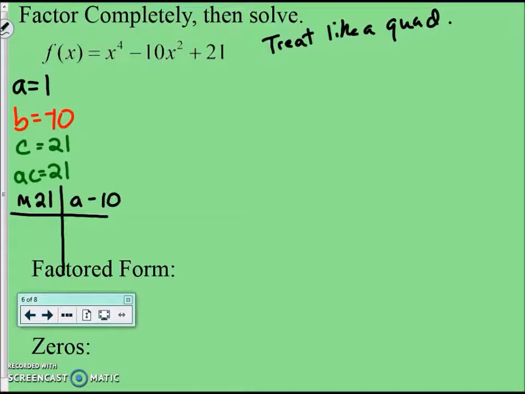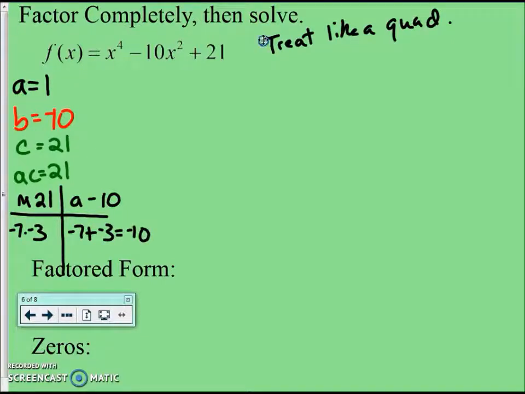If I'm going to add to negative 10, but multiply to positive 21, that means both of my factors must be negative. So I'm going to have negative 7 times negative 3, that multiplies to positive 21, and negative 7 plus negative 3 is equal to negative 10.